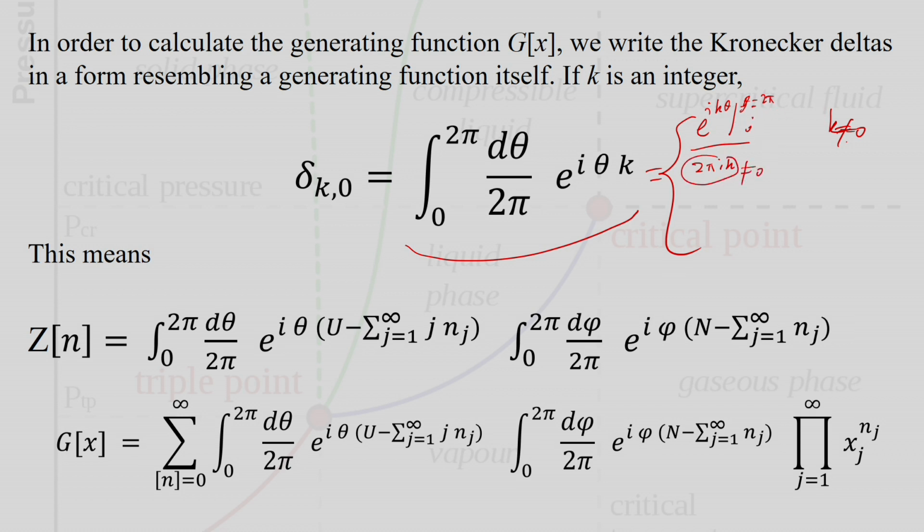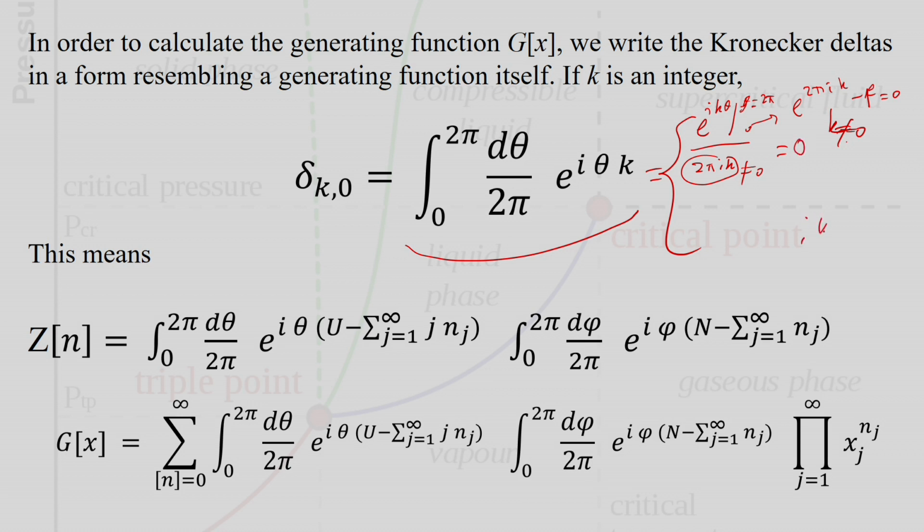So, I am going to get e raised to 2 pi i k, then I am going to get e raised to 0, which is 1. So, because k is an integer, this is going to be 0. So, the numerator is 0, denominator is not 0. So, this whole thing is 0.